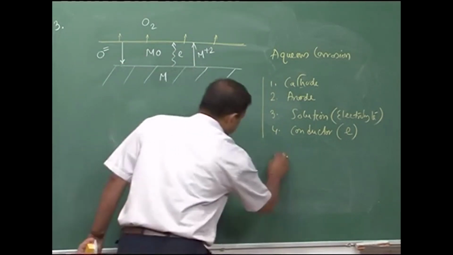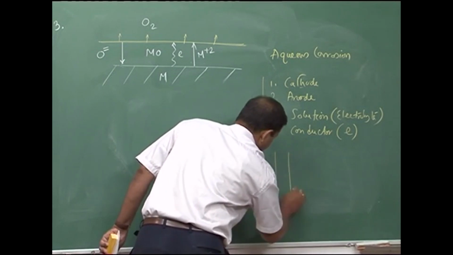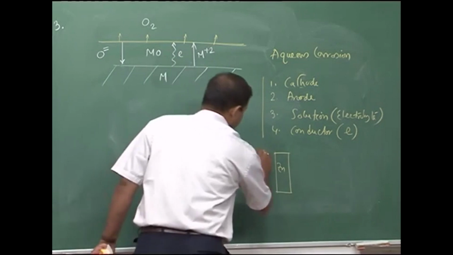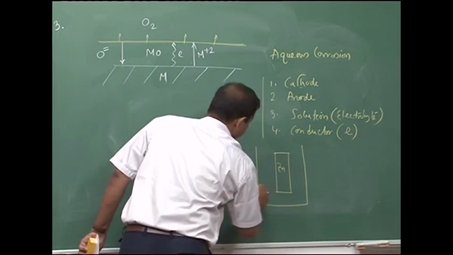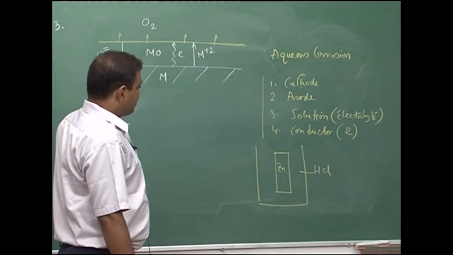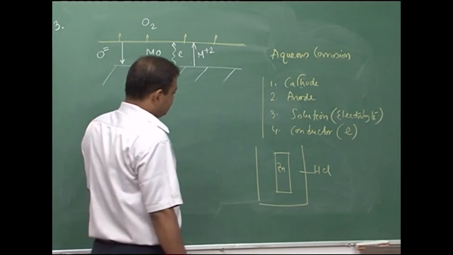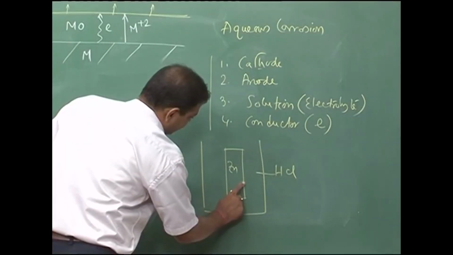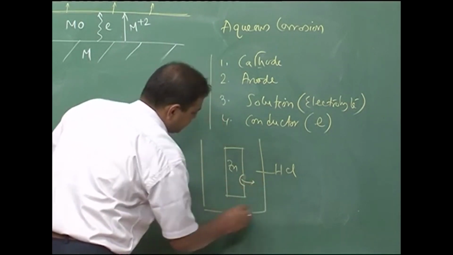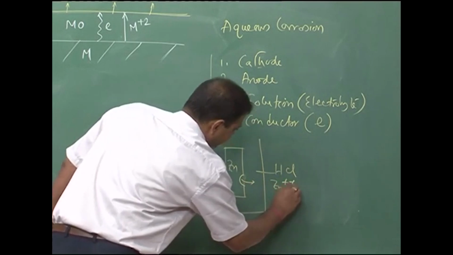And for example, if this is my zinc rod, and it is in an HCl medium, we see that zinc corrosion can take place. So, what happens? There are places where zinc will go out in the form of zinc ion.